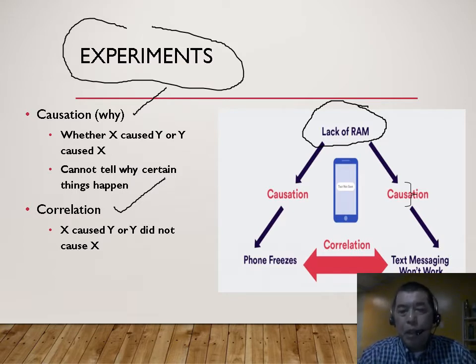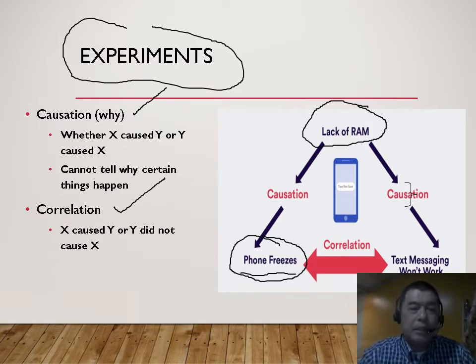Now, the complaint is from one of the users: whenever he or she sends a message, the problem encountered is her phone freezes. Okay? So, here we can see whether X causes Y or Y causes X. Okay?